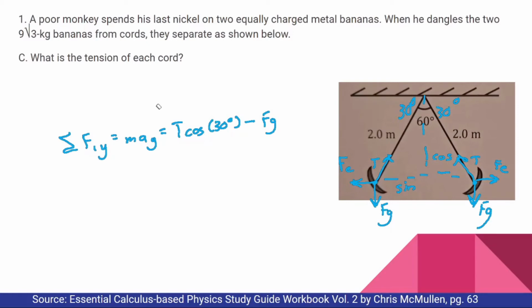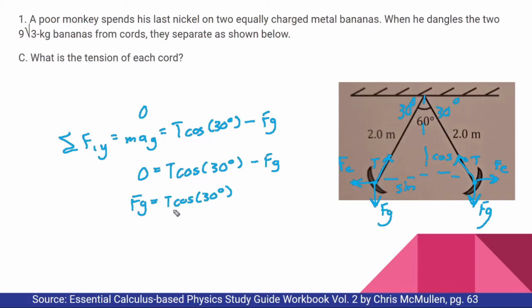Well, because this is in equilibrium, we know that the acceleration is going to be equal to 0. So 0 is equal to the tension times cosine of 30 degrees minus force of gravity, which just means that the force of gravity is equal to tension times the cosine of 30, meaning that they balance each other out.